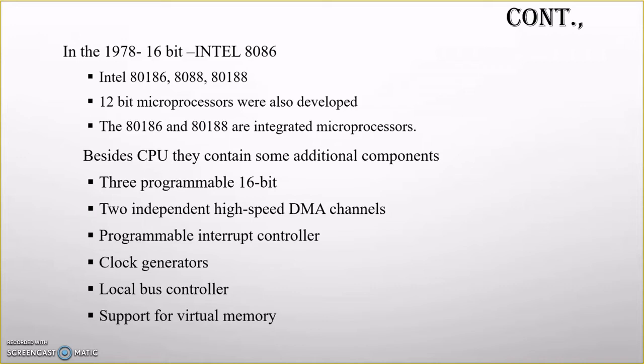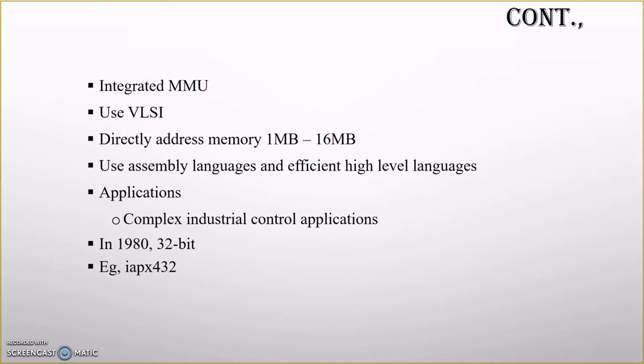Besides the central processing unit, Intel 8086 contains some additional components, that is 3 programmable 16-bit timers, 2 independent high-speed direct memory access channels, programmable interrupt controller, clock generators, local bus controller, support for virtual memory, integrated memory management unit.